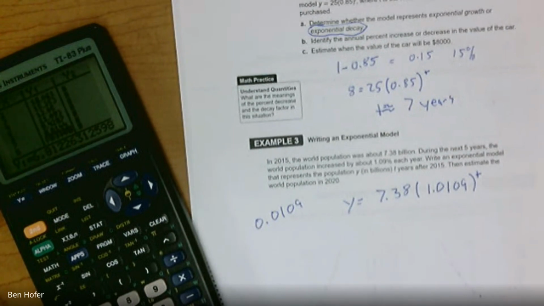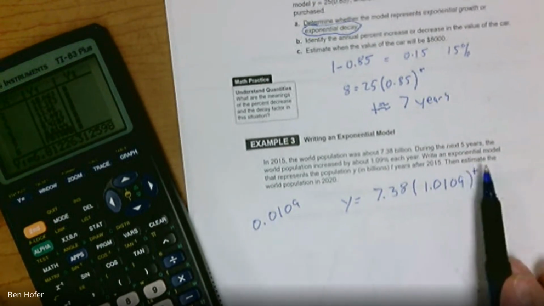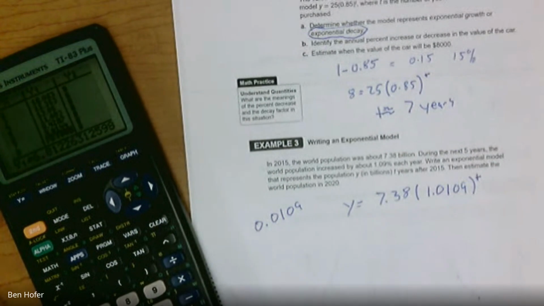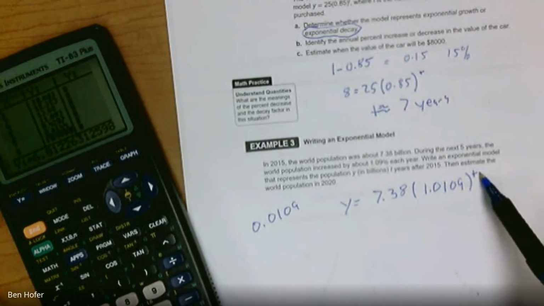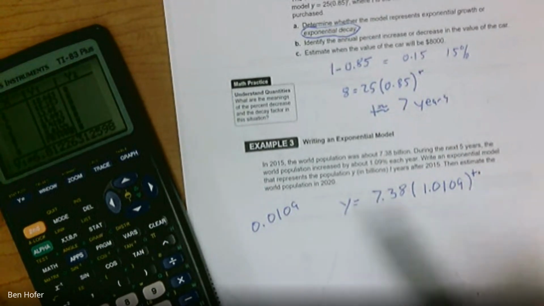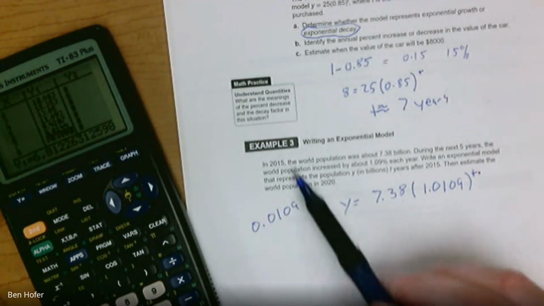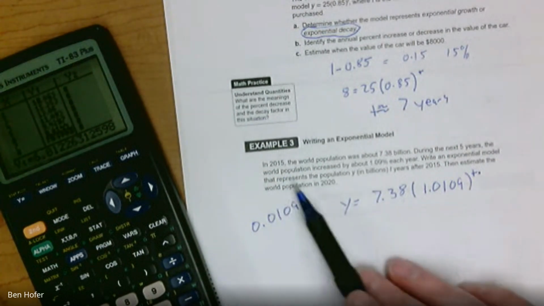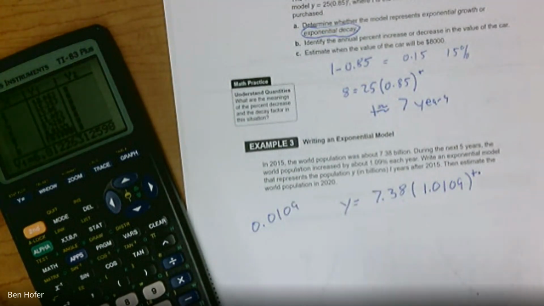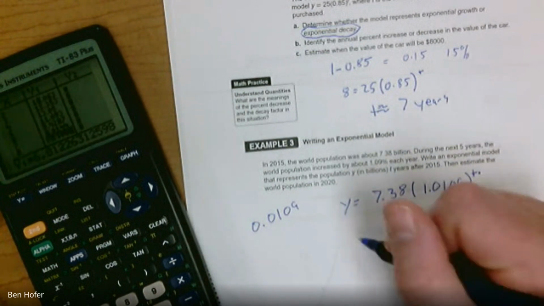So then we are asked in the second part of this to estimate the world population in 2020. So to do that, we have to figure out our T value. Our T value is not 2020 because this initial value is in 2015. So 2020 is 5 years after 2015.